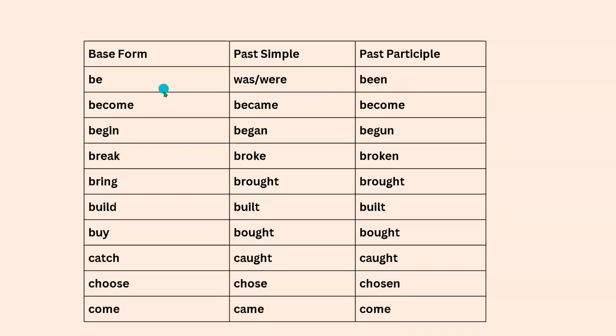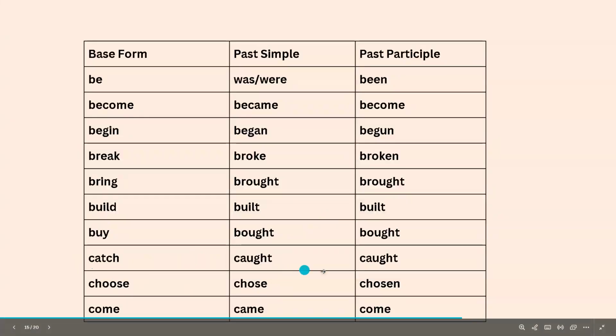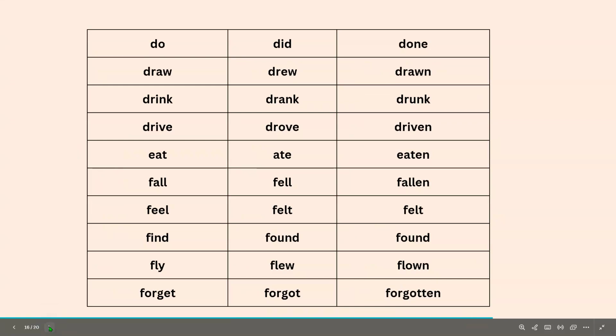So become, became, become. Bring, brought, brought. Okay? Catch, caught, caught. So here you are able to see words, how the simple past and past participle are changing. Some more words. Fall, fell, fallen.